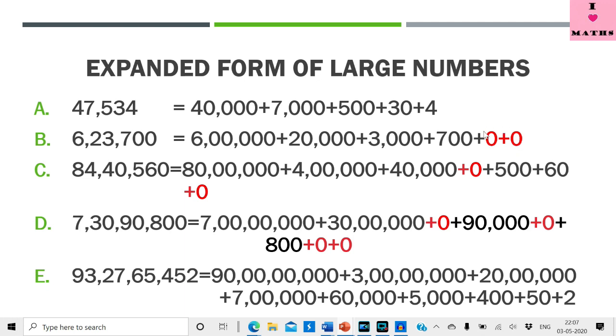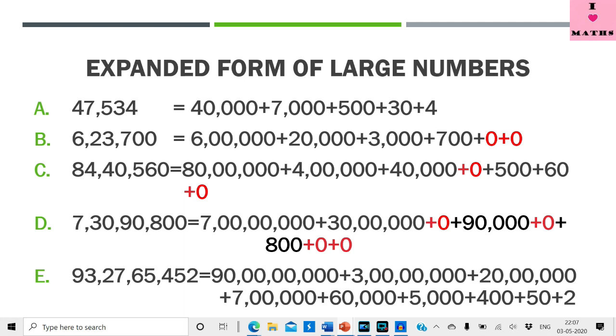So when you add 0 to any number, the number remains the same. So children, these two zeros may not be written in the expanded form, and even then your expanded form will be absolutely correct. Okay, now let us move to the bigger number.